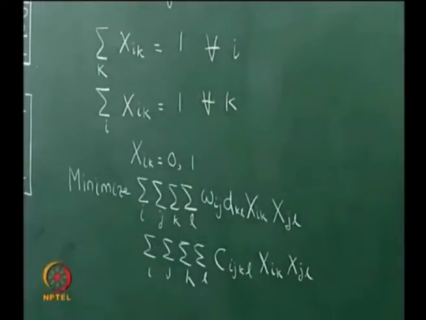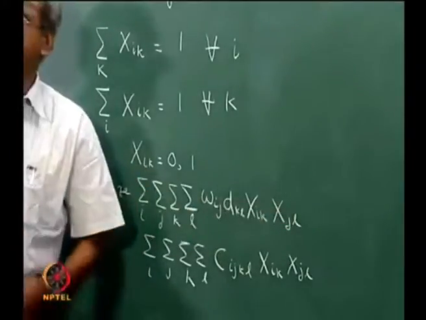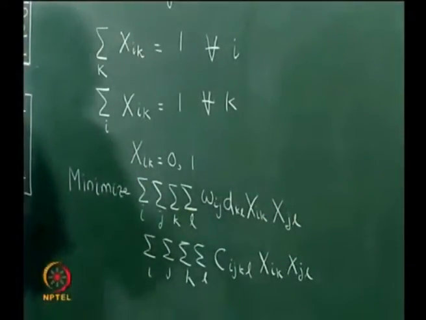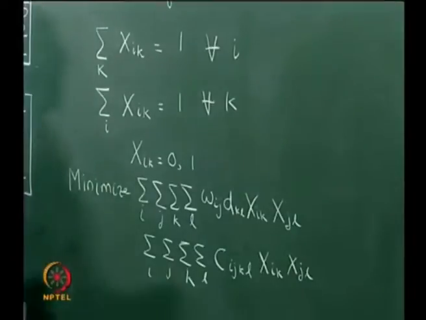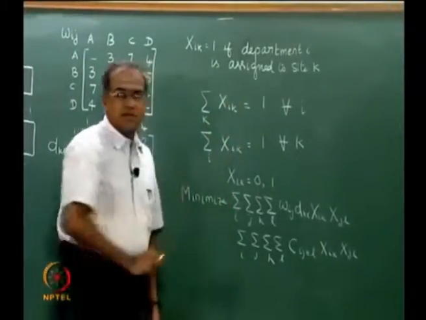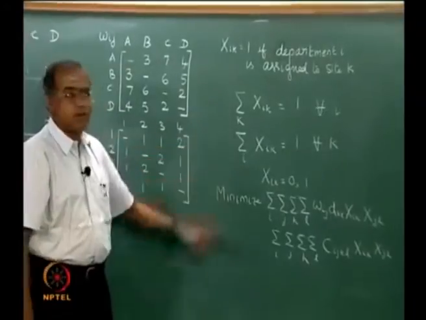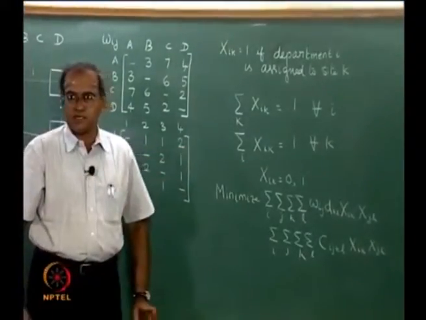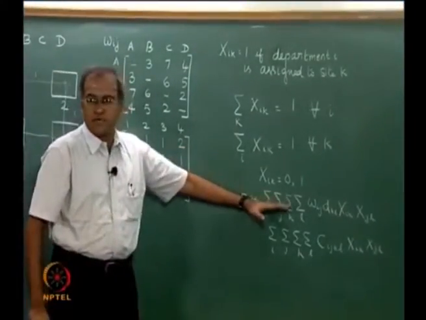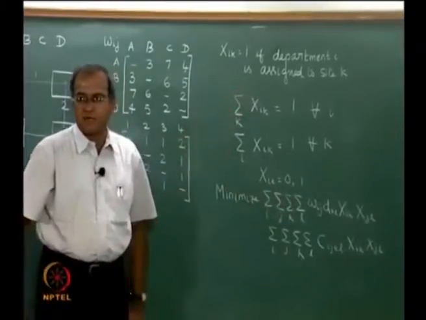Now, this problem, which has this product term or a quadratic term in the objective function and otherwise has assignment constraints, is very similar to the assignment problem in operations research. So, it has a quadratic objective function and it has the assignment constraints.